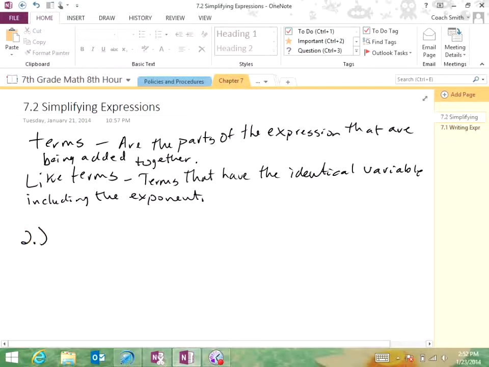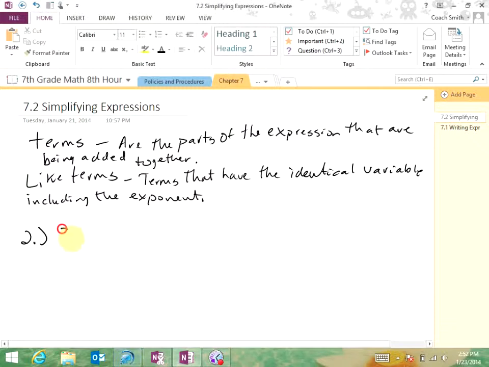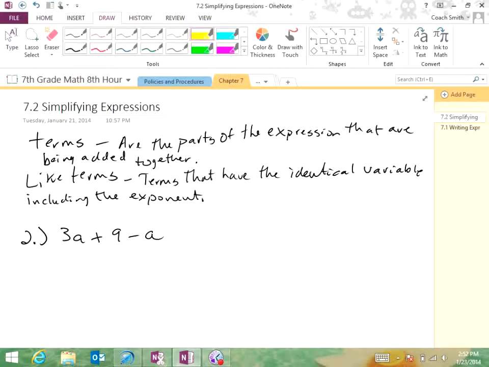So, for example, on number 2 that I told you to write down, number 2 says 3a plus 9 minus a. These highlighted yellow parts are the terms. The ones that we have blue underneath are the like terms. So the like terms are the blue ones. The yellow ones are the terms.